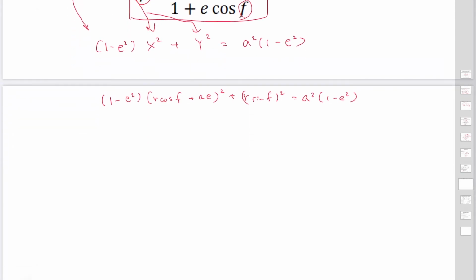Then we can expand: 1 over 1 minus e squared times (r squared cosine squared f plus a squared e squared plus 2ae r cosine f) plus r squared sine squared f equals a squared times 1 minus e squared.